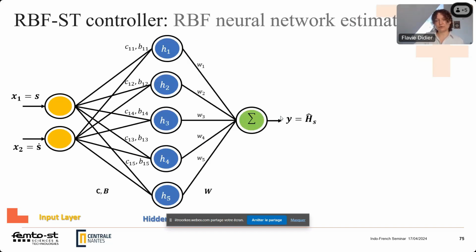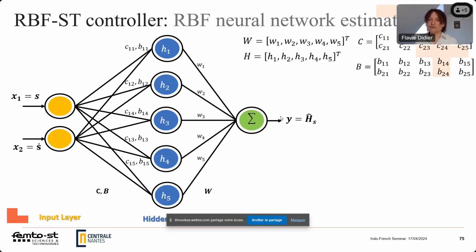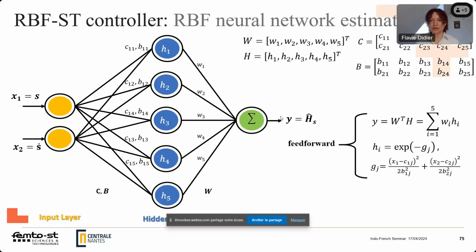And then we have the output, which is the approximation of the lumped disturbances HS. Here is the matrix of the different hyperparameters of the neural network and the feed-forward expression. This neural network gives us the RBF controller.